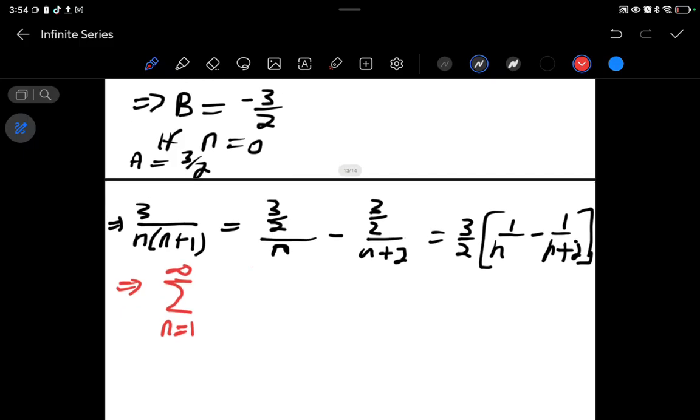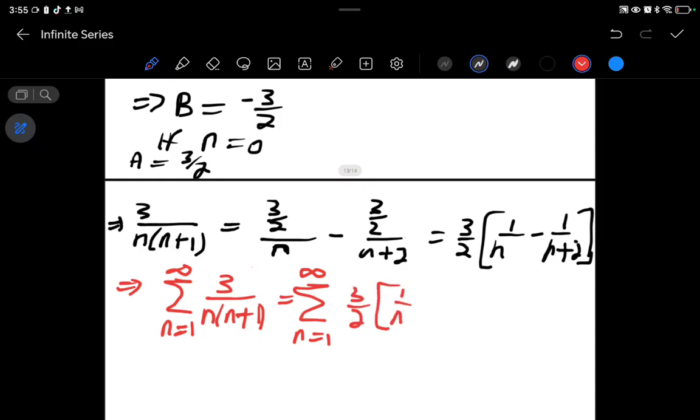Yeah, so it means that we have 3 over n plus 2. This would be equal to, that means that now we would have the summation. Don't forget we only substitute this, right? The summation from n equals 1 of 3 over 2 times 1 over n minus 1 over n plus 2.